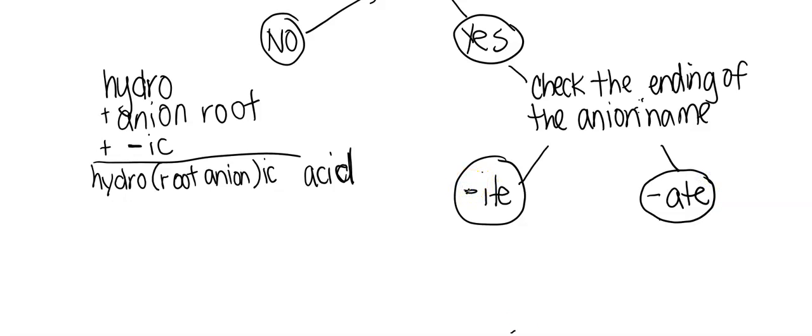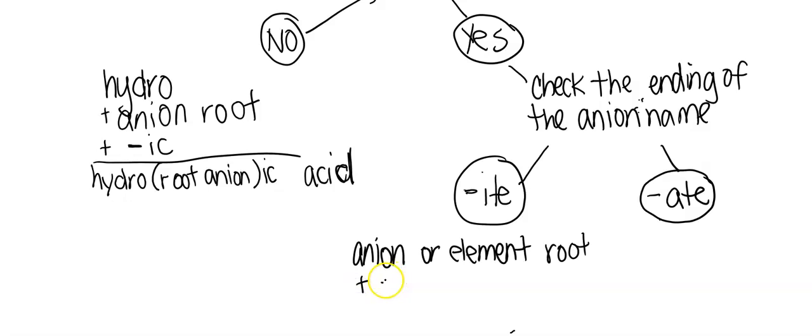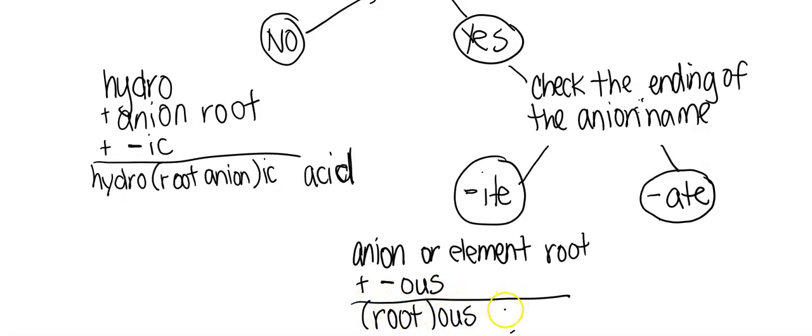So if the anion name ended in ITE, you're going to take the anion or element root and add the suffix -ous. So you would end up with the root name, ous, and the word acid.